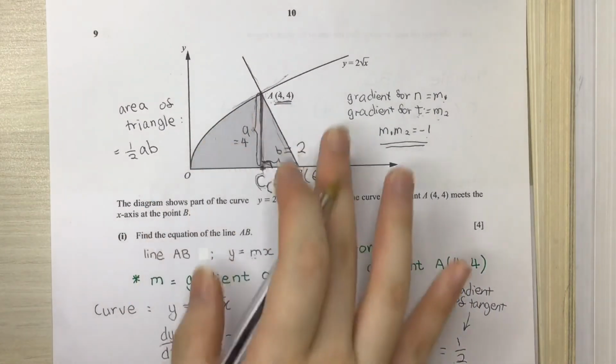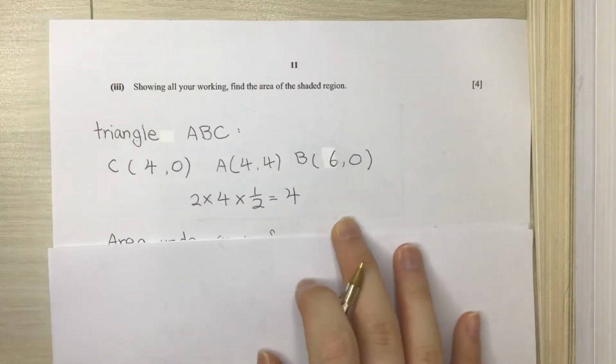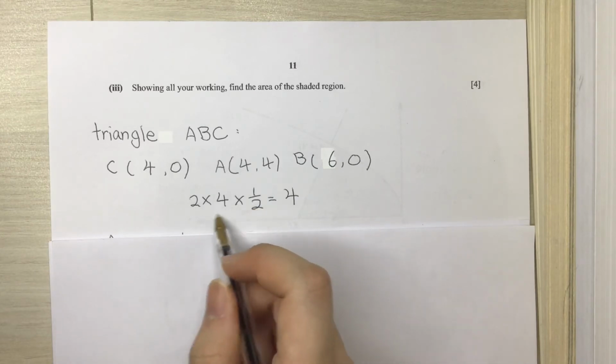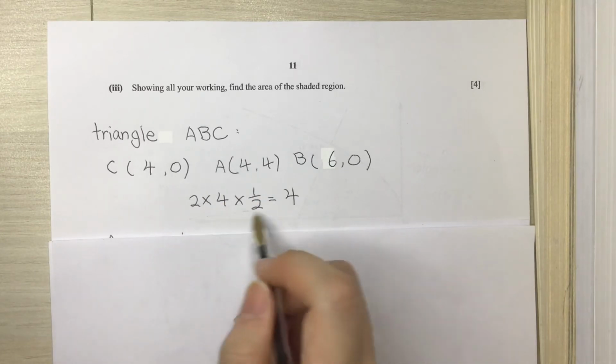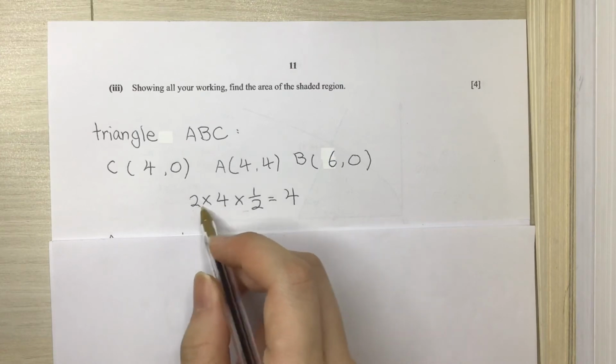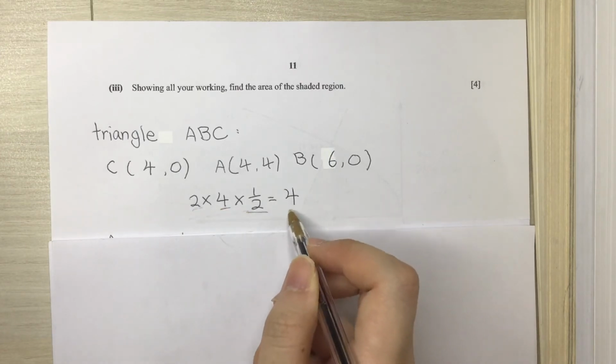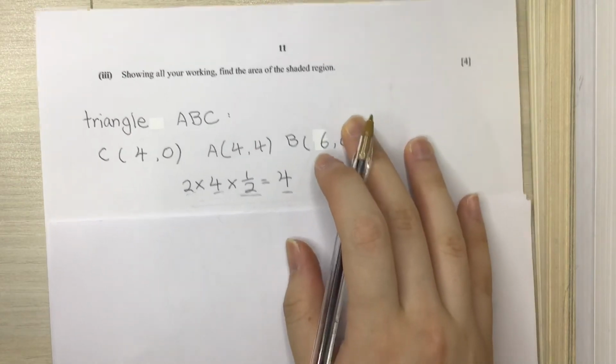So with all this information that we can find on this diagram, we can go back to our third part over here, where using the formula to find the area of any triangle, you use the base times the height and multiply by 1/2, where we get 4.